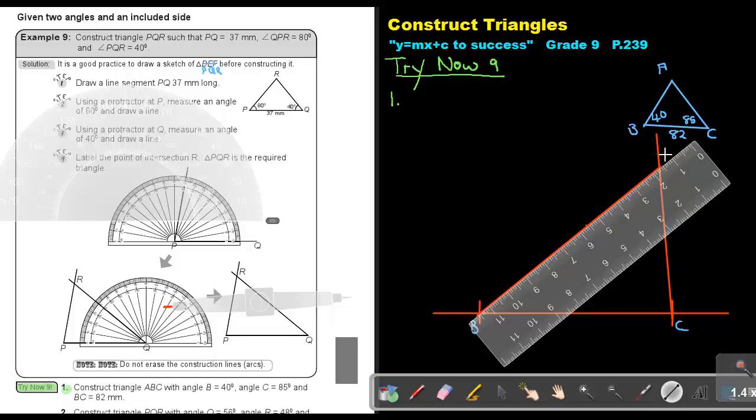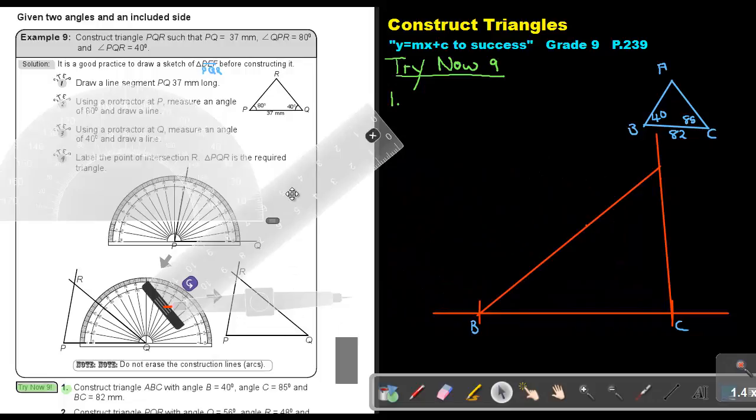It's better if it even cuts there. Okay, now it's correct. Now we're going to call that point A. And there is your triangle, where I give you one side and two angles with an included side.